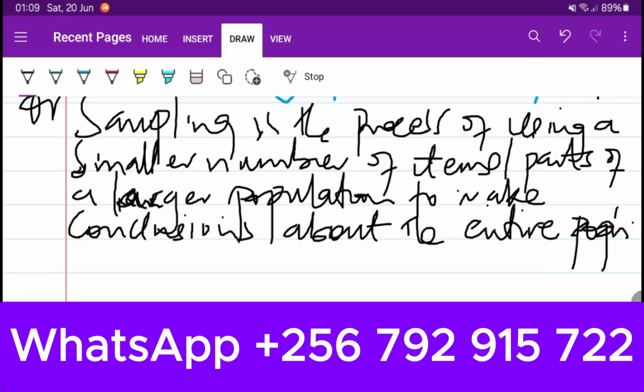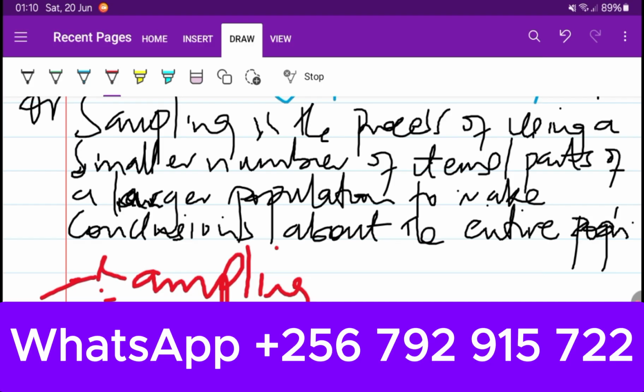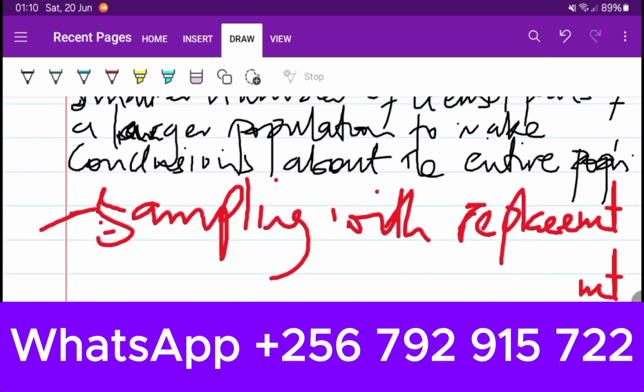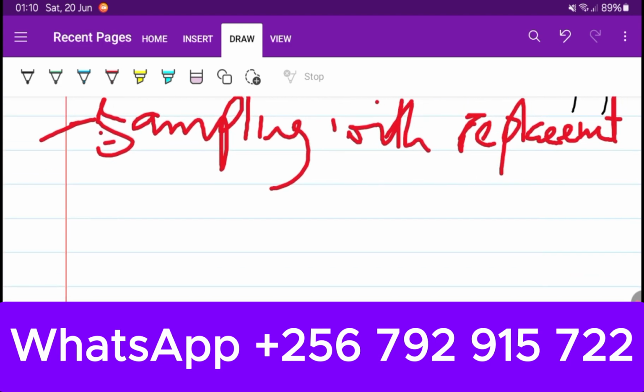Of course, the other key thing that we need to note is that sampling can be with replacement, whereby a member of the population may be chosen more than once. That is, a given member of the population can be selected more than once.